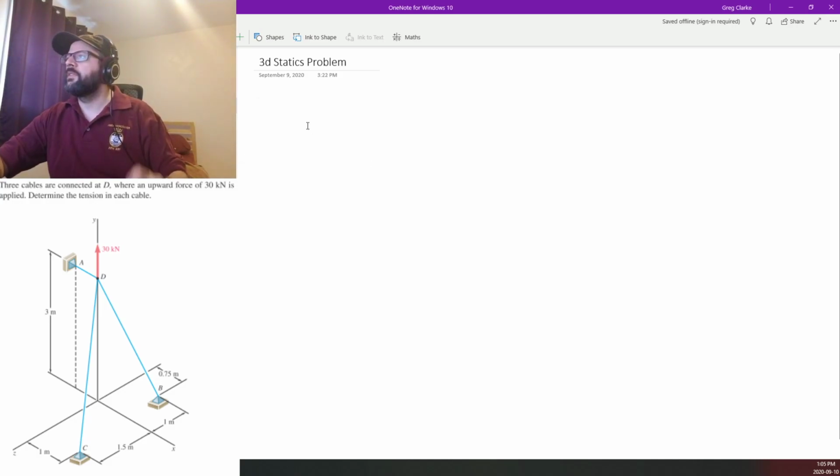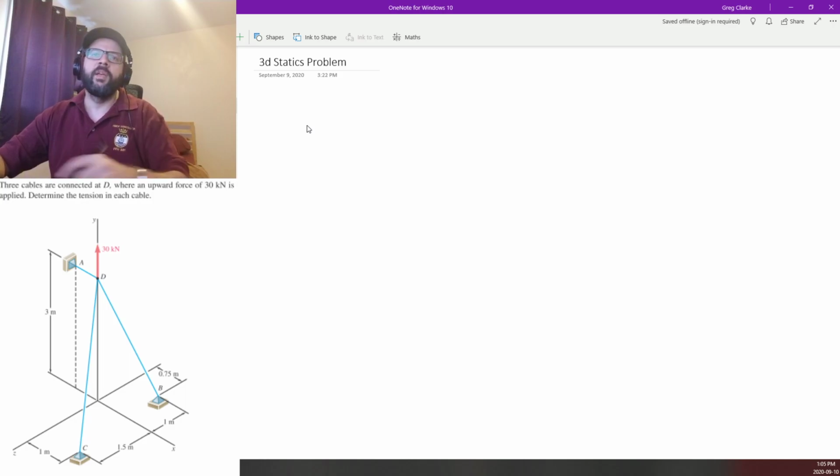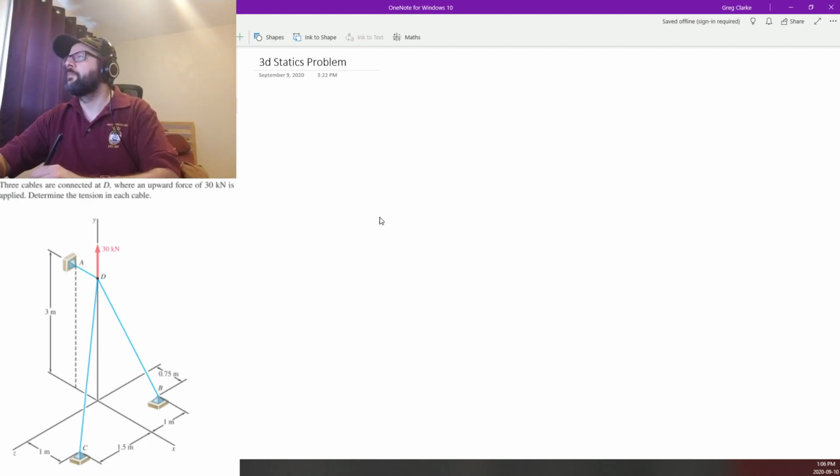What I want to do is replace that with a set of two different free body diagrams. The first one that we're going to be doing is looking at it straight on along the axis of AD there, so looking down the x-axis.